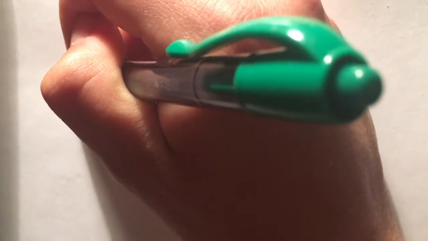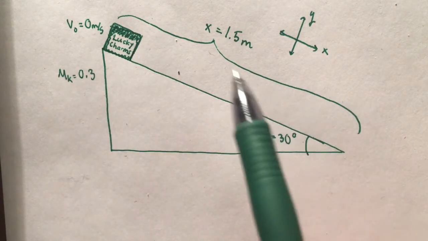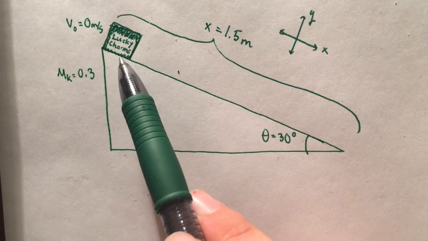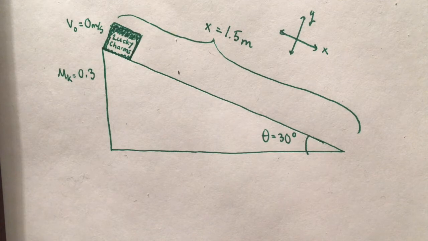Mu k equals 0.3. Because the block slides down, it was able to overcome the coefficient of static friction and start accelerating down the plane. If static friction was strong enough, it would prevent it from sliding down the plane. So just keep that in mind for future problems.